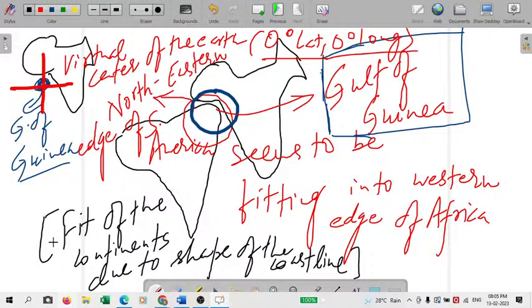Coastline की shape ऐसी है कि ऐसा लगता है दोनों आपस में fit हो गए. Okay, noted. So this example he gave for southern hemisphere. Noted.